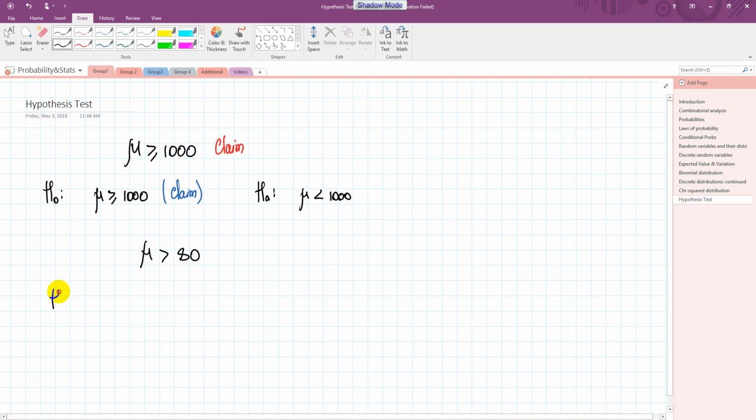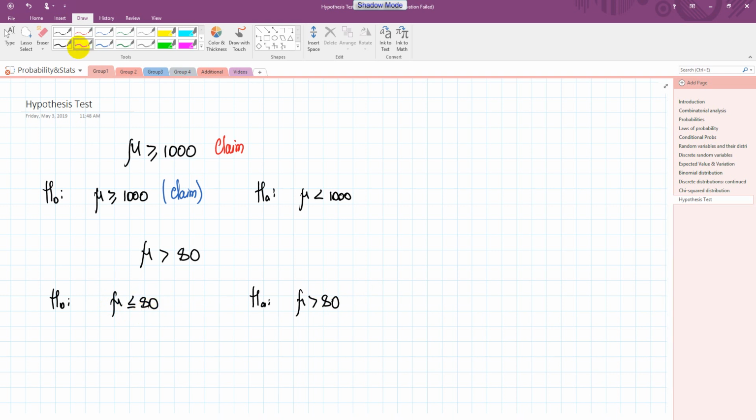What is going to be the null hypothesis in our case and the alternative hypothesis? So mu more than 80 is going to be the alternative hypothesis. And what is going to be the null hypothesis? It's its complement. It's going to be mu less or equal to 80. Okay? So it's the complement of the alternative hypothesis. So this is our claim.